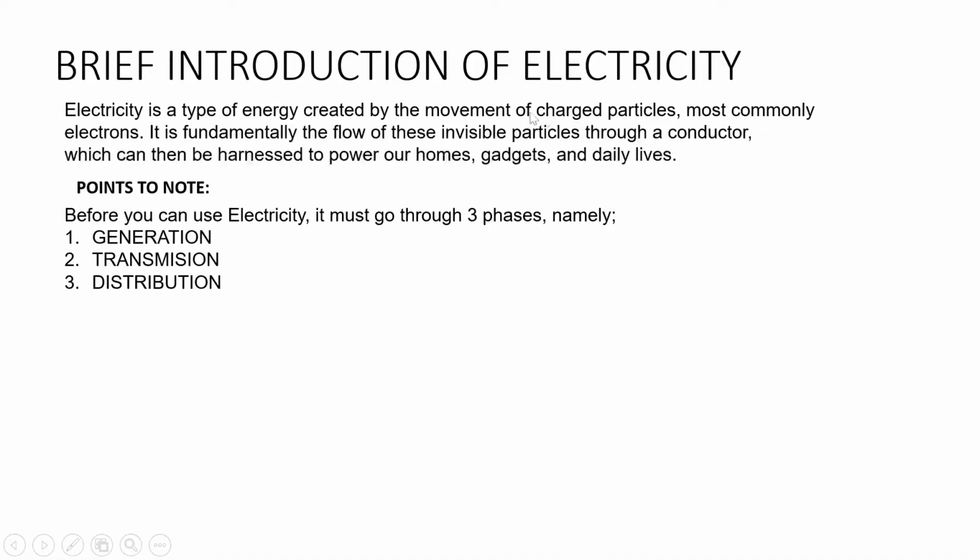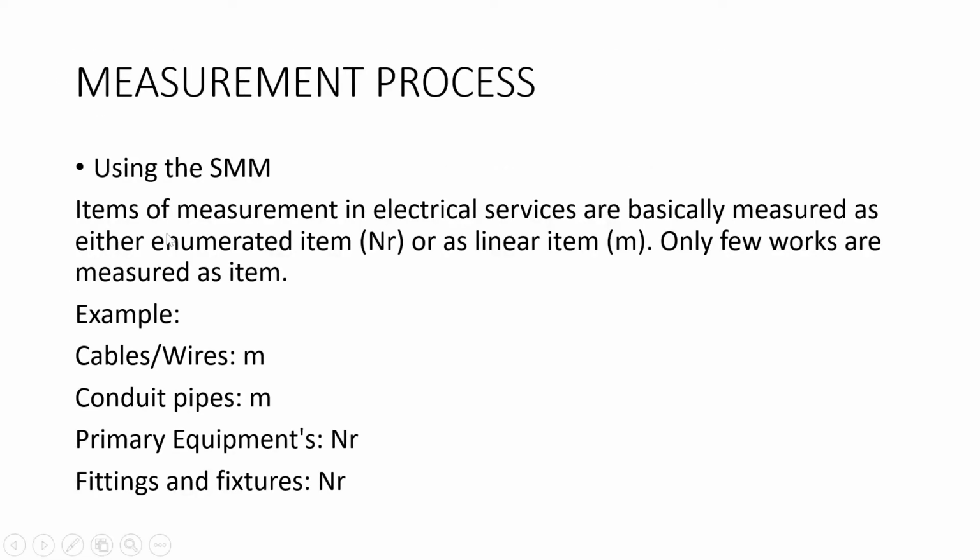So it means that this generated electricity must be transmitted through a conductor, which can be harnessed to power our homes, gadgets, and daily lives. So after it is transmitted, it is going to undergo what we call distribution. So you can see that electricity passes through three phases: the generation phase, the transmission phase, and what? The distribution phase.